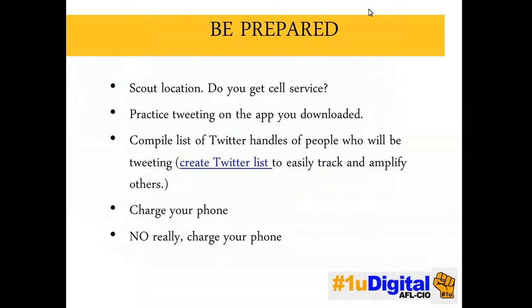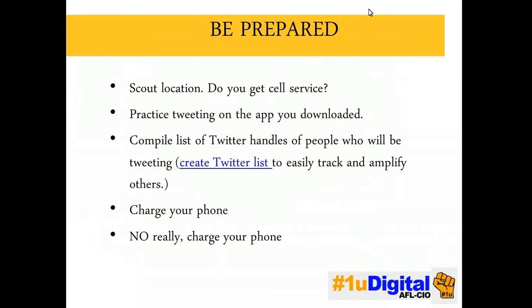So be prepared whenever you have an event where you want to do a lot of live tweeting. One of the places that I've run into this particular problem quite a bit is scouting the location. Do you get cell service? A lot of times if you're in a large Capitol building, for example, the service can be a little bit spotty.